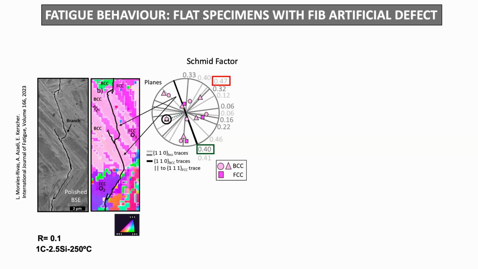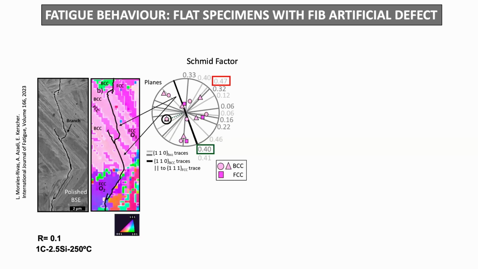And in this case, we see the EBSD map. It's interesting because we have two microcracks, which are these straight sections that are confined to packets of bainitic ferrite, and through this packet, the crack globally does not change its path, although it's crossing interfaces of austenite and bainitic ferrite.